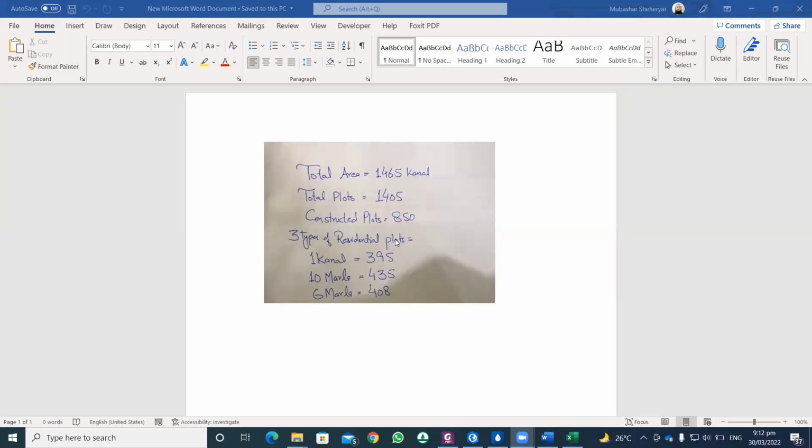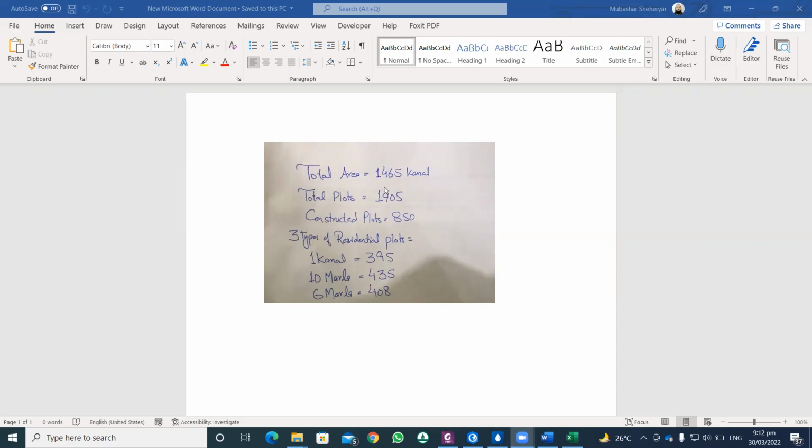To design a water supply network, we mostly project the present population to some extent. For example, if you want to design for 25 years or 20 years, based on that duration, we project our population.